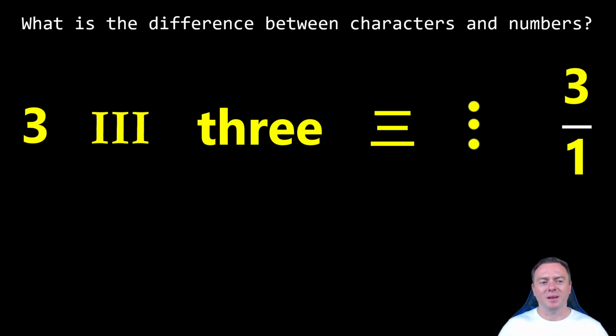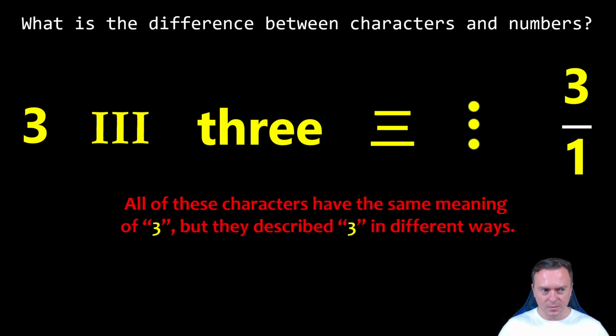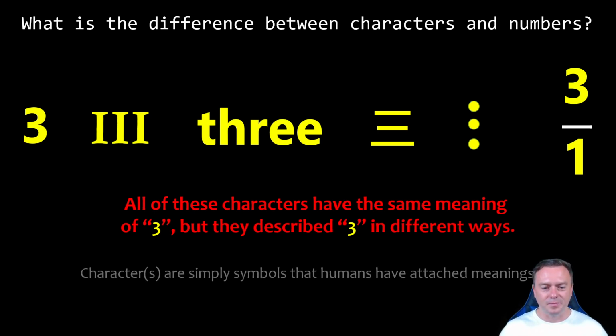And that's what we needed to get to. So basically, a computer can only understand certain things, and we need to be able to write it in the language that it can understand. So all these characters have the same meaning of 3, but they describe 3 in different ways. Characters are simply symbols that humans have attached a meaning to.